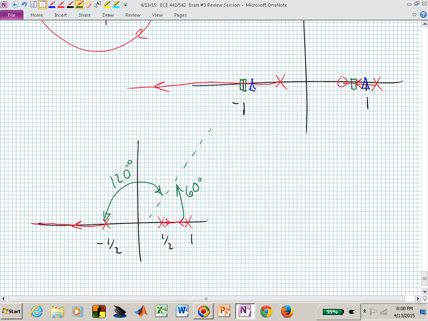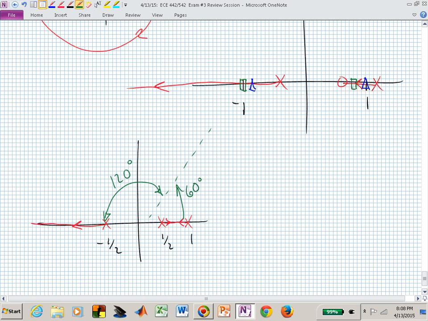And I really need to be splitting 360 degrees into 3 equal pieces. And those 3 equal pieces are going to be separated by 120 degrees, aren't they? So I now know that that other piece is going to be at minus 60, which is 120 from that other asymptote.